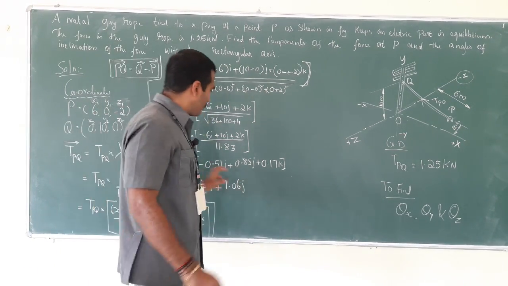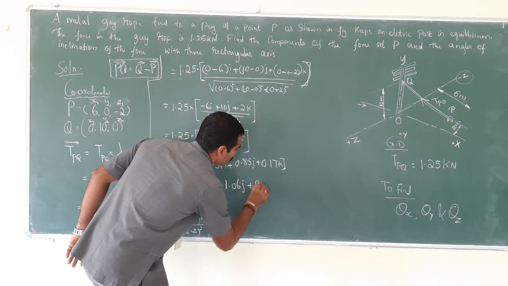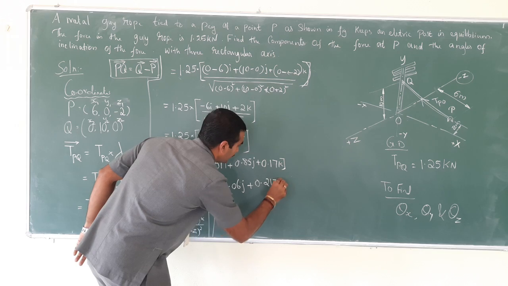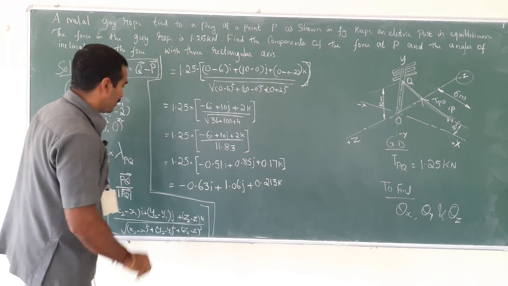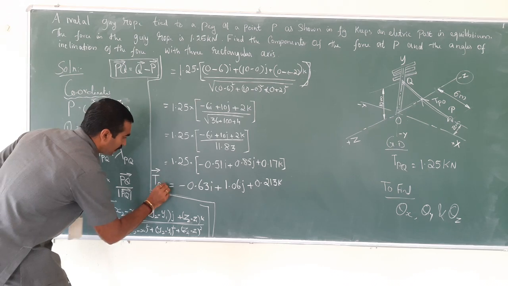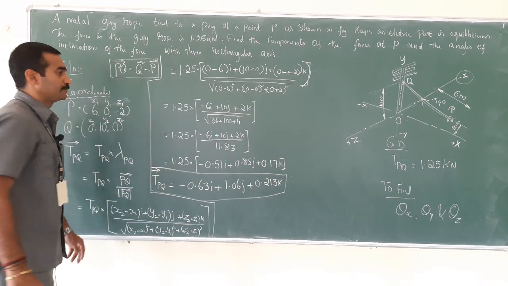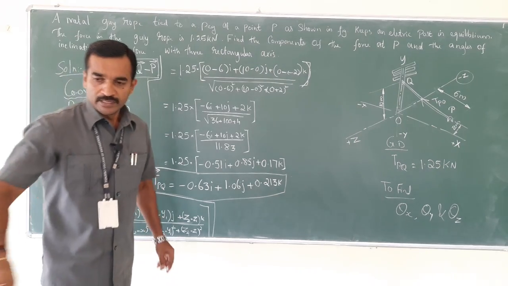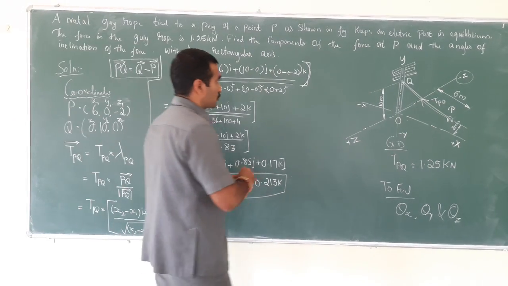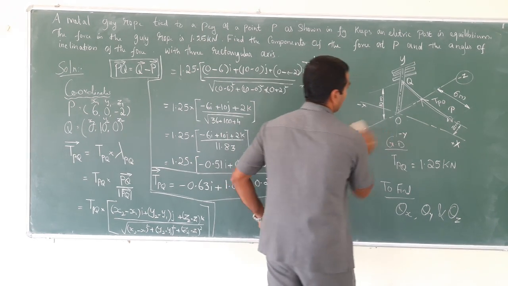If you multiply 1.25 with 0.17, it would be 0.213 k. So that means T vector PQ is in this format. Got it? Since there is no sufficient space here, let me wipe off this diagram.